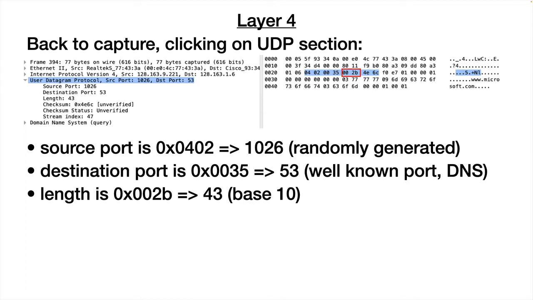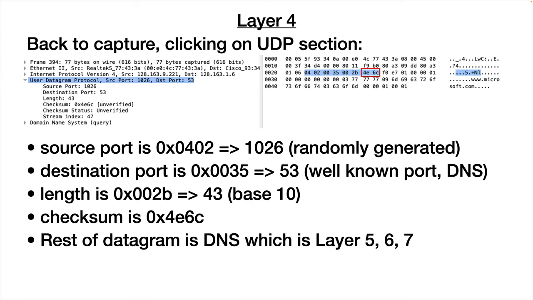If you look over on the left side of the window, you can see that the source port and the destination port have been decoded for us and that the length is 43. Then we have the checksum, which is there. So that is the header portion of the UDP packet that we're looking at.